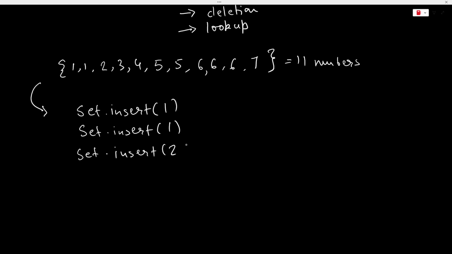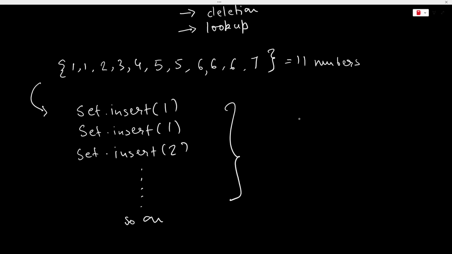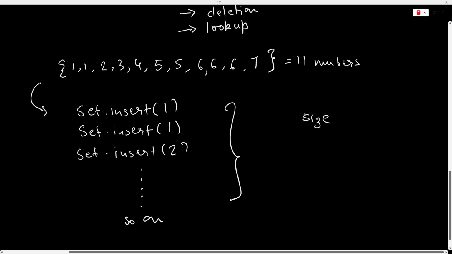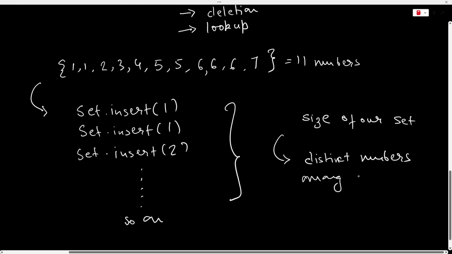And at the end, if you look at the size of our set, you'll see that the size will be the total distinct numbers among these 11 elements.